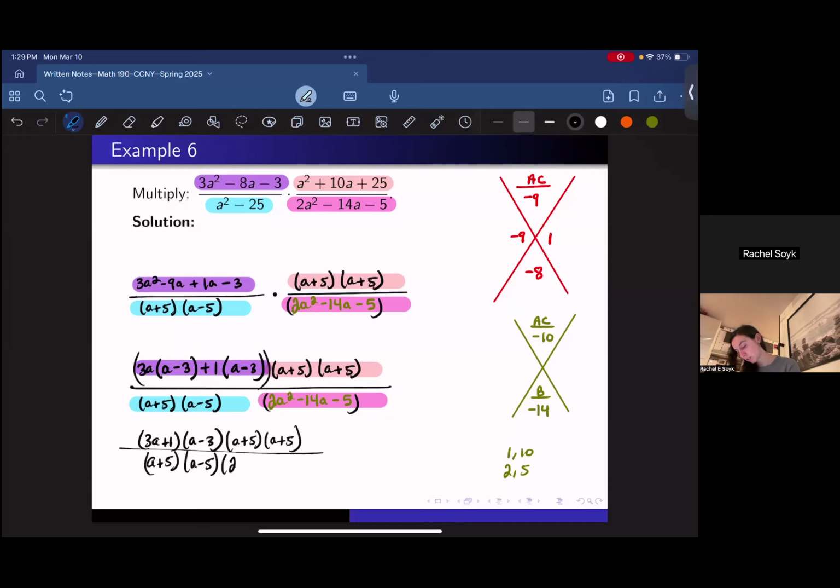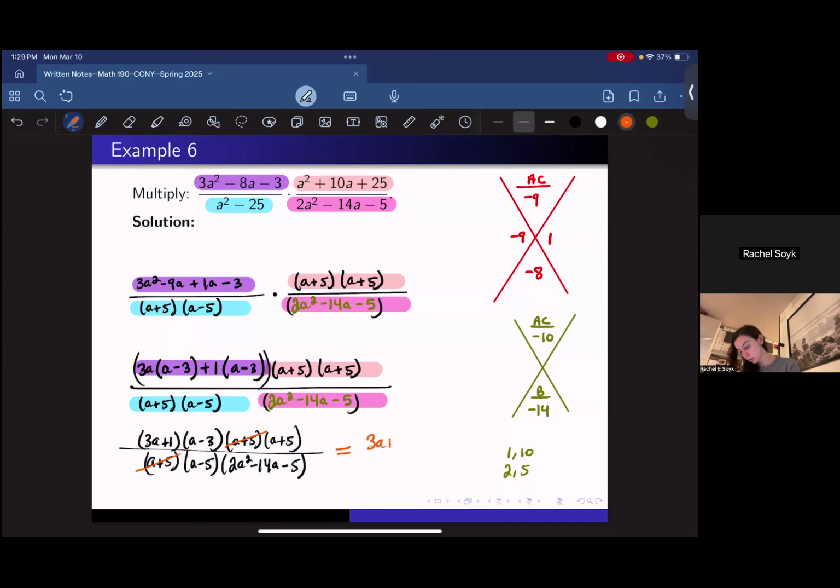And then we have this 2a squared minus 14a minus 5. So some cancellations, a plus 5, a plus 5, and that is it.